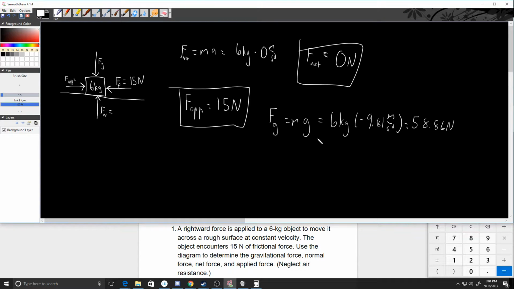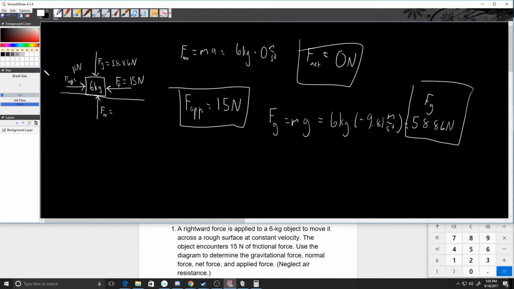All right, so force of gravity, the amount going straight down, let's put that there. So I can even fill some of this stuff in over here. That's how much force is pulling down on our 6 kilogram mass.